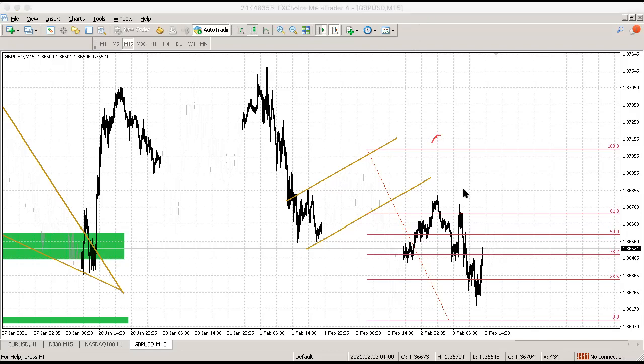You will have your 70 something percent level somewhere here. I want you to notice something. This is a high. The moment it breaks this high, it's entering the 80% and 70% level zone, which is somewhere here.